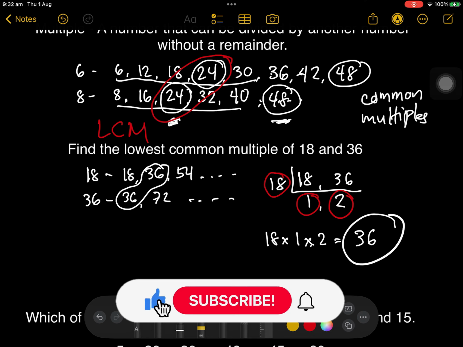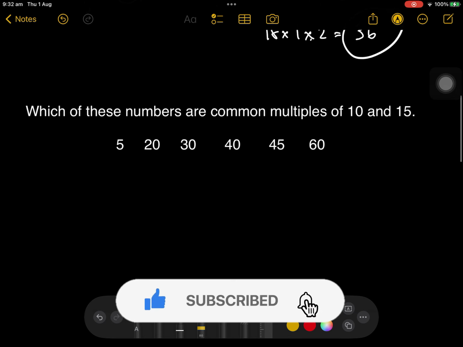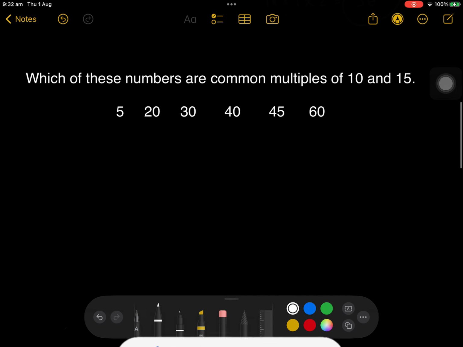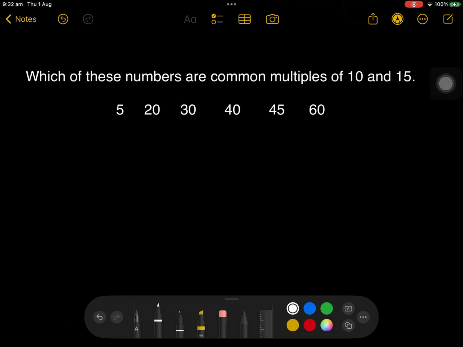Okay, let's have another one. Which of these numbers are common multiples of 10 and 15? From the choices, which one do you think? So let's list down the multiples of 10: 10, 20, 30, 40, 50, 60. I just list down up to 60 because the highest number among the choices is 60.